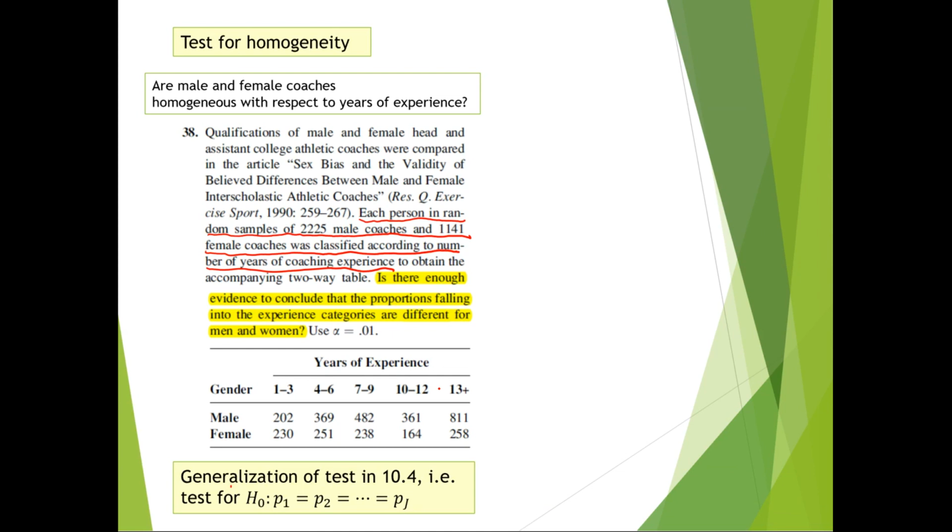You want to see if the proportion is the same for male and female in years of experience category 1 to 3. You want to see whether years of experience 4 to 6 has the same proportion of male and female, and so on.